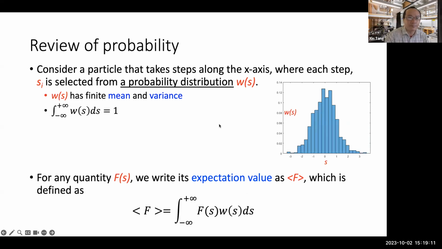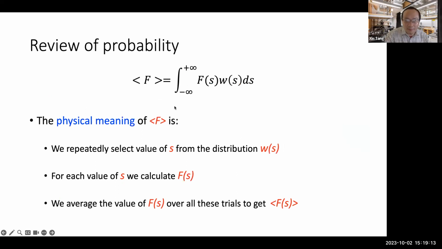Now, the physical meaning of this expectation value is that we repeatedly select many s based on their distribution w(s).